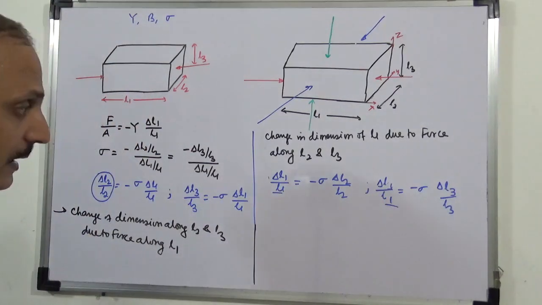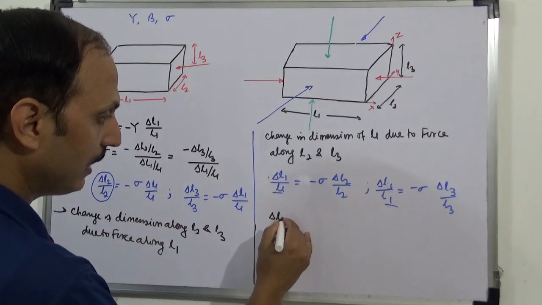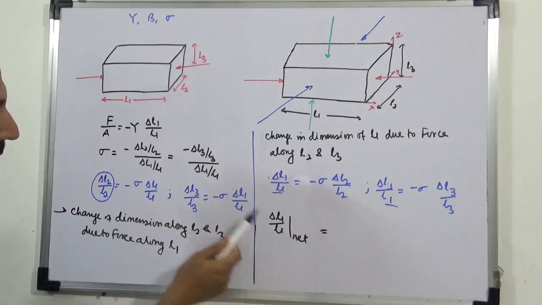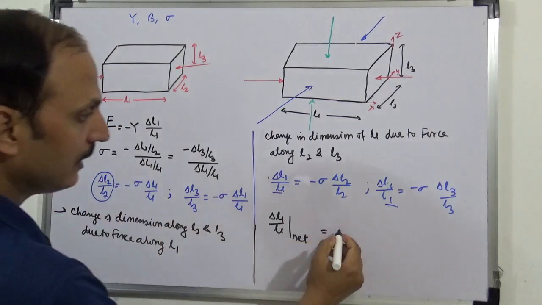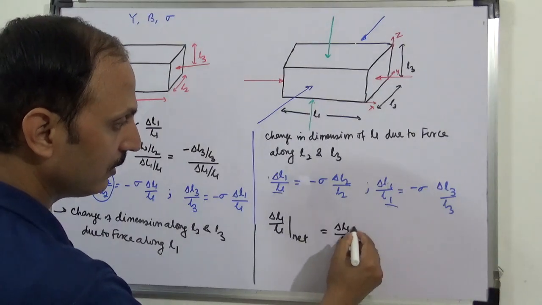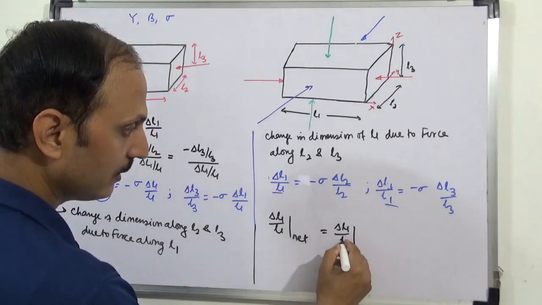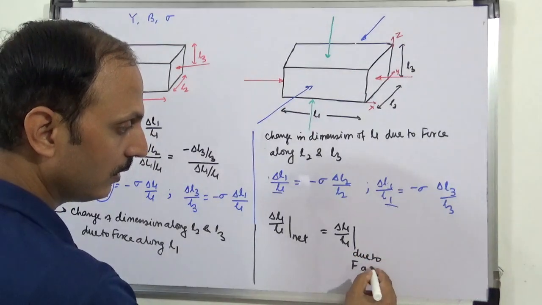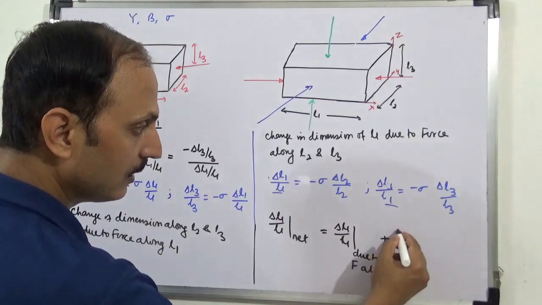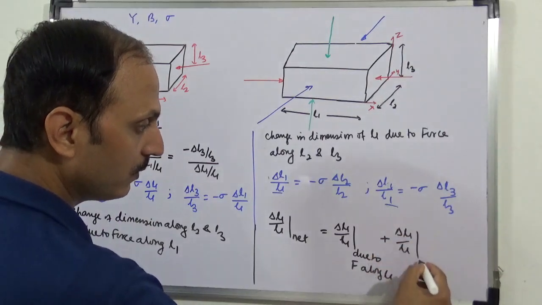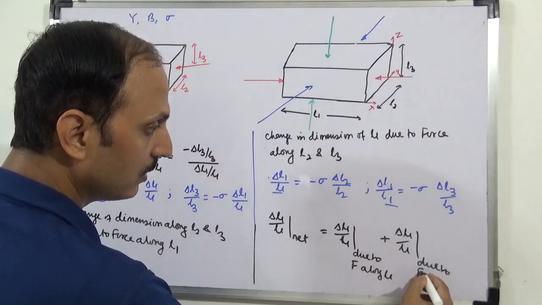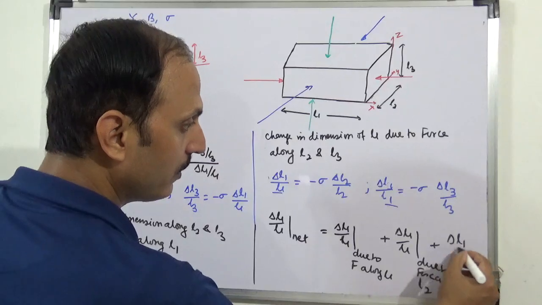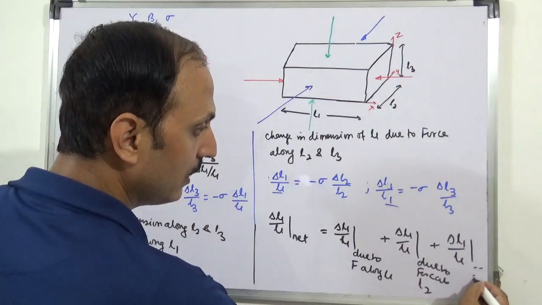So if I just write the net change, what will the change be? Delta L1 by L1 total net will be due to force along L1, plus delta L1 by L1 due to force along L2, and similarly delta L1 by L1 due to force along L3.